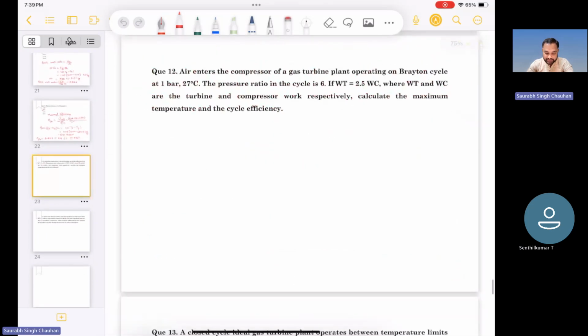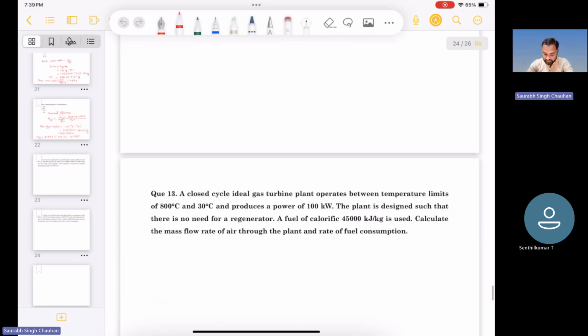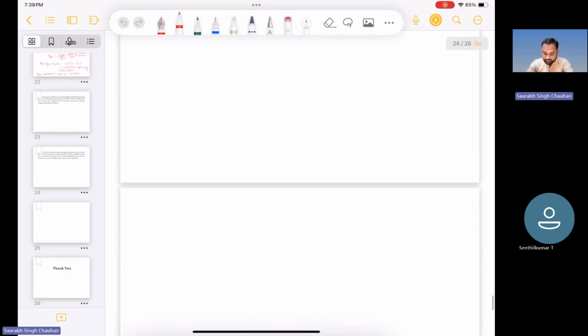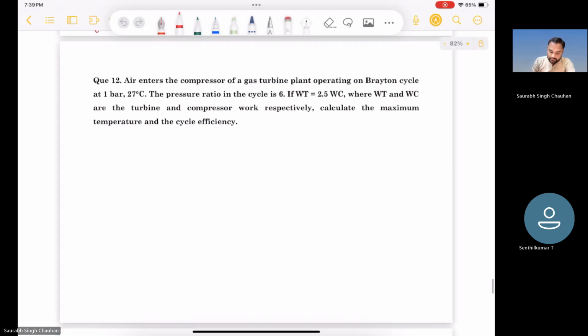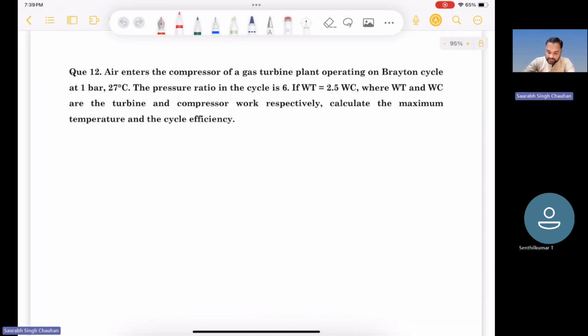And we have one more question. Sorry, two more questions. I think we can solve both. Question number 12 says air enters the compressor of a gas turbine plant operating on the Brayton cycle at 1 bar, 27 degrees Celsius.